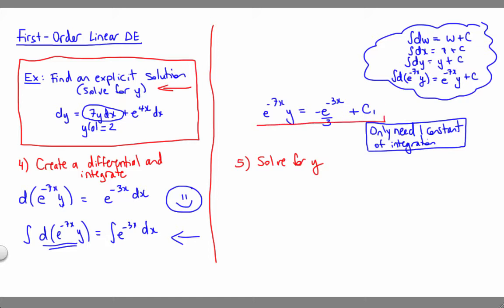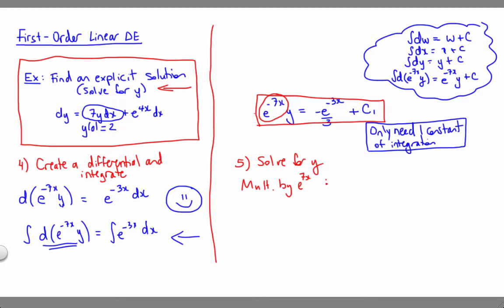So here's our most recent equation here. If we want to isolate y, you could think of it as dividing by this exponential here. But what I find a little bit more convenient is to think about it as multiply by e to the positive 7x.